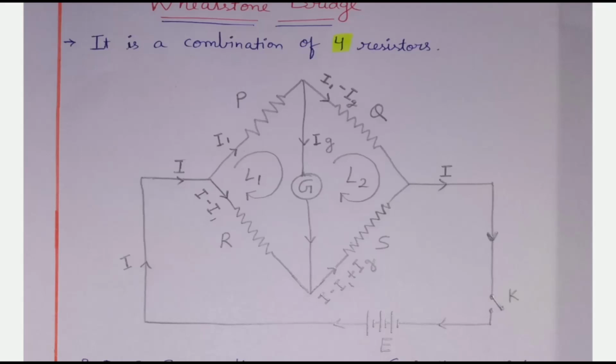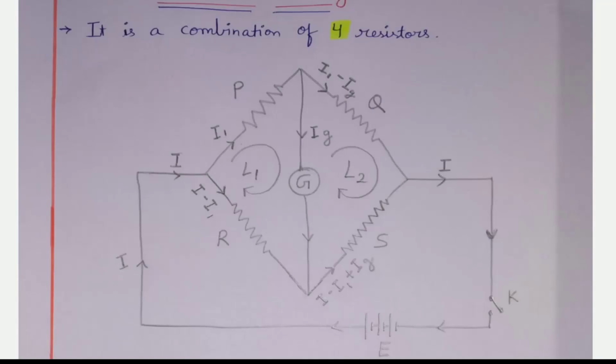Now we have two loops here, loop L1 and loop L2. Just we have to apply Kirchhoff's loop rule, that is the sum of potential drops across all the elements in a given loop is 0.